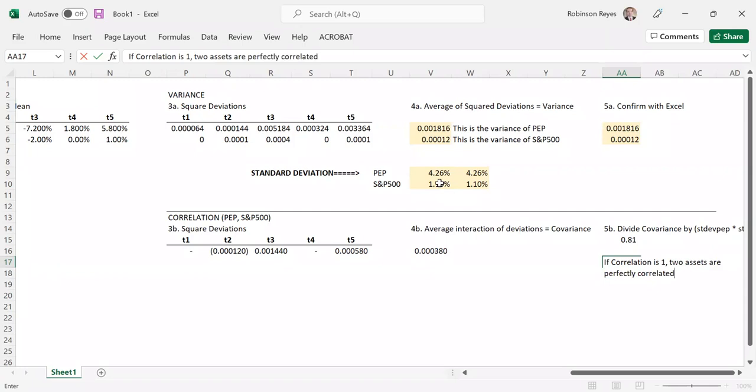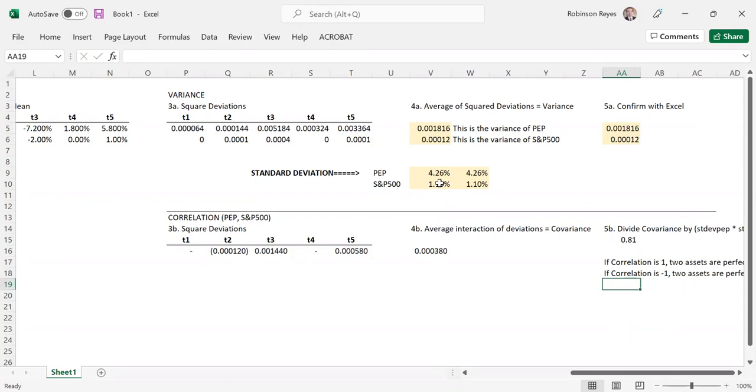There's a perfect linear relationship between the two, which means if one asset has a return of 1%, the other asset will have a return of 1% too. And if correlation is -1, so these are the two possible extremes, then the two assets are perfectly negatively correlated. And if, let's assume, one asset has a 1% return, then the other asset will probably have a 1% loss.